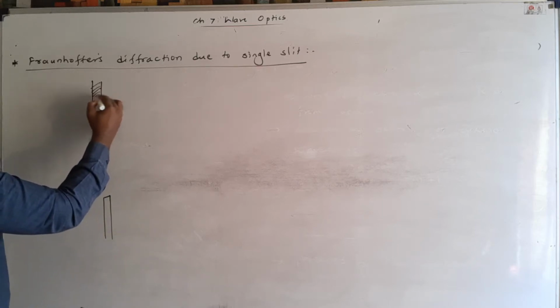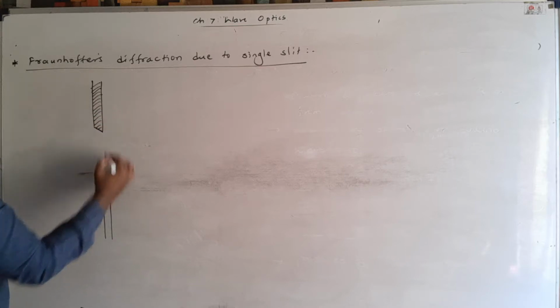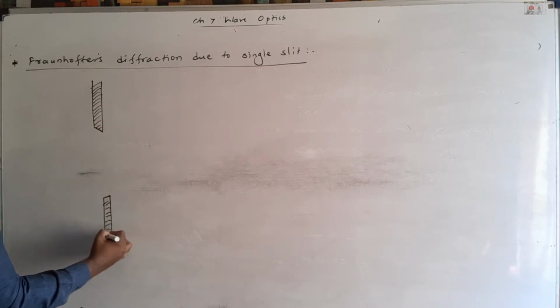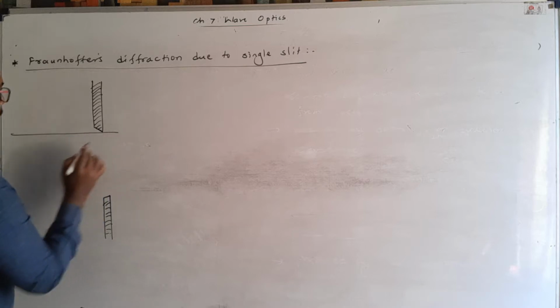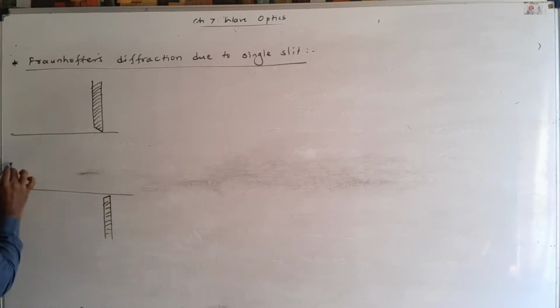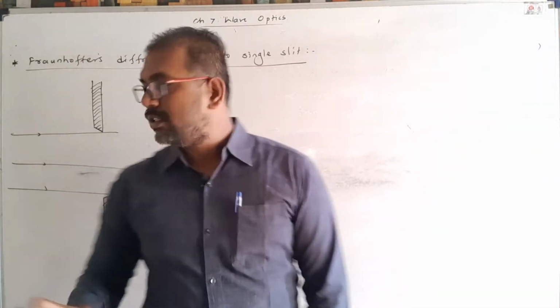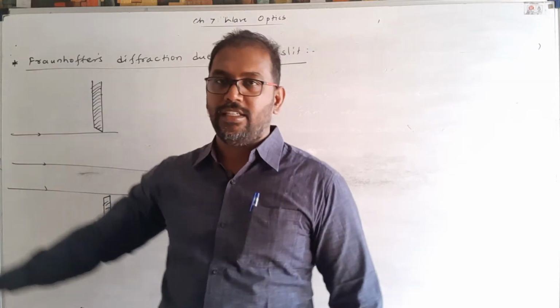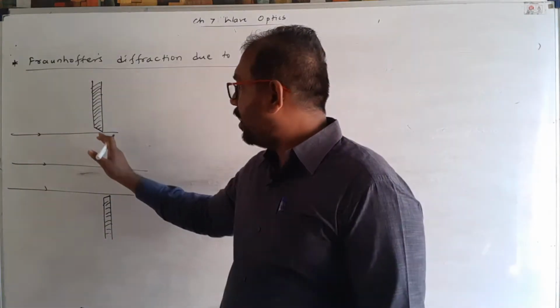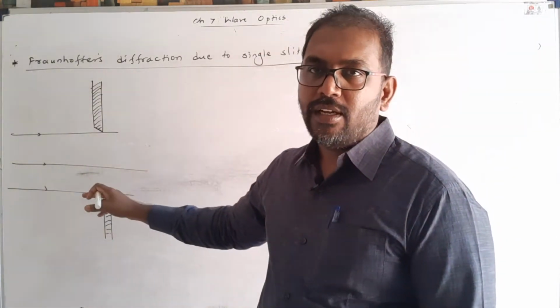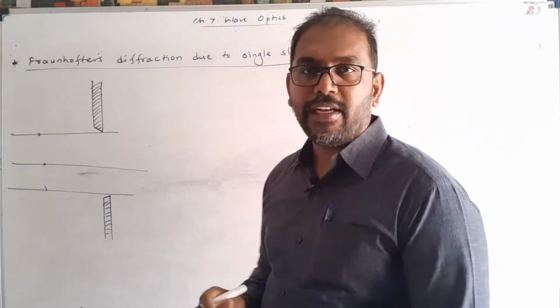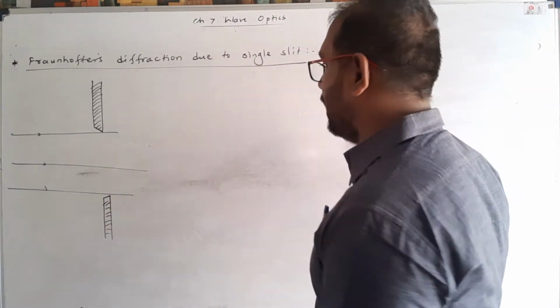This is the slit, and this is a plane wavefront. So this light is coming. So the source of light is at infinitely large distance. And so here from the edge of this slit, light gets diffracted and we get the diffraction pattern at infinitely large distance.